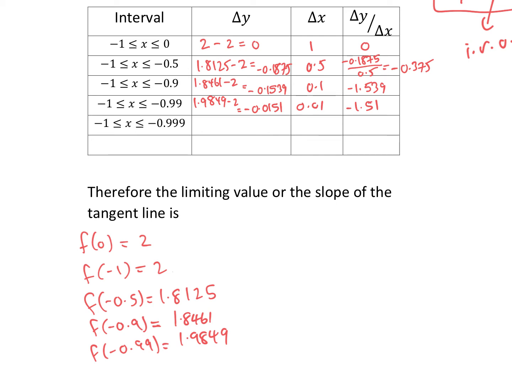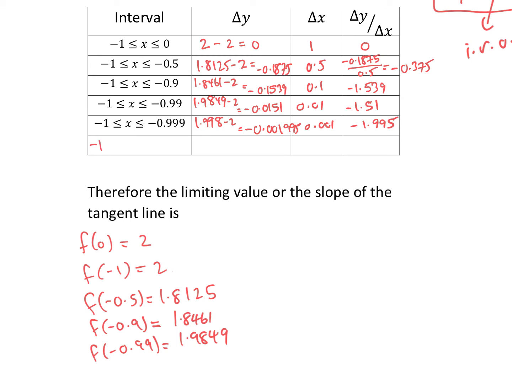I'm going to do -0.999. Delta x is 0.001, and we get -1.995, which is a bit of a difference.